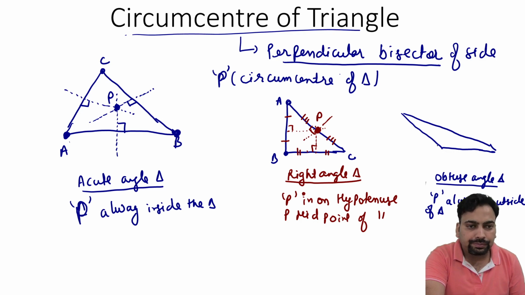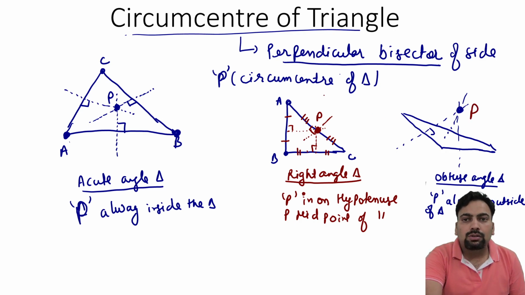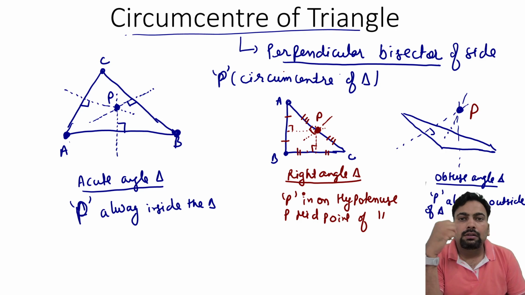How? If you draw this perpendicular bisector, this perpendicular bisector, and this perpendicular bisector, then this point P is outside the triangle. So how do you obtain the circumcenter?